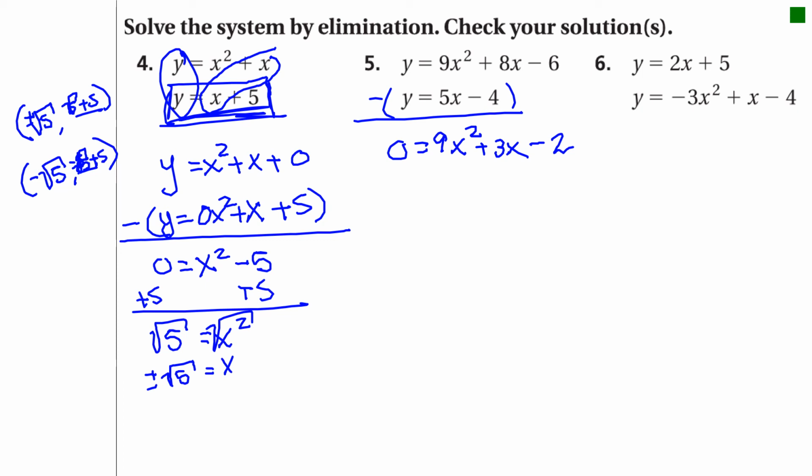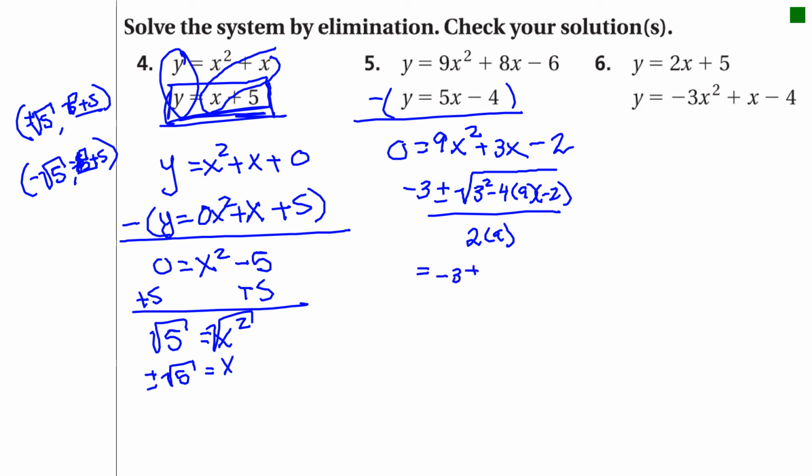All right, we can use the quadratic formula to solve from here now, and we will get negative 3 plus minus the square root of 3 squared minus 4 times 9 times negative 2, divided by 2 times 9. Okay.